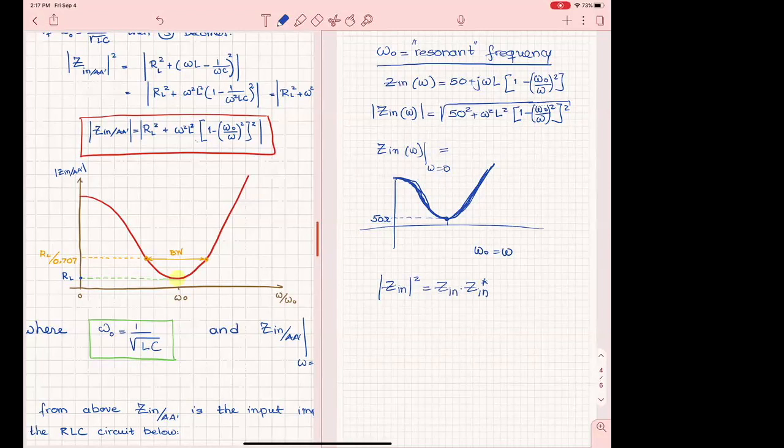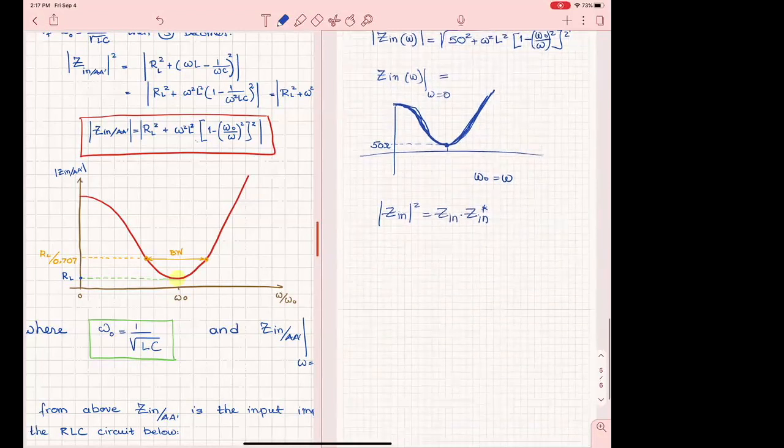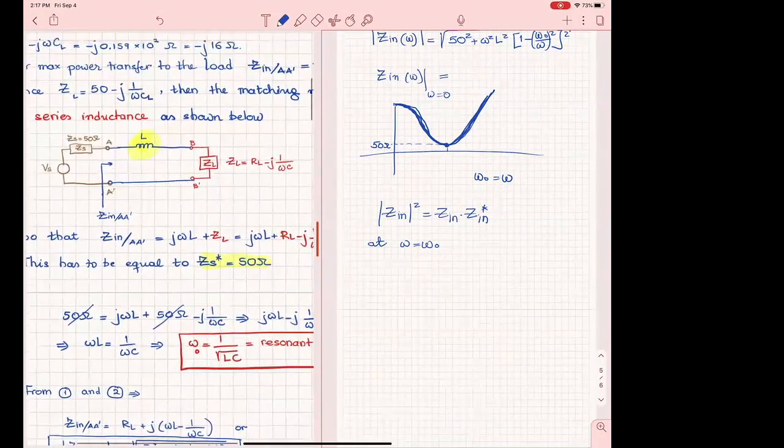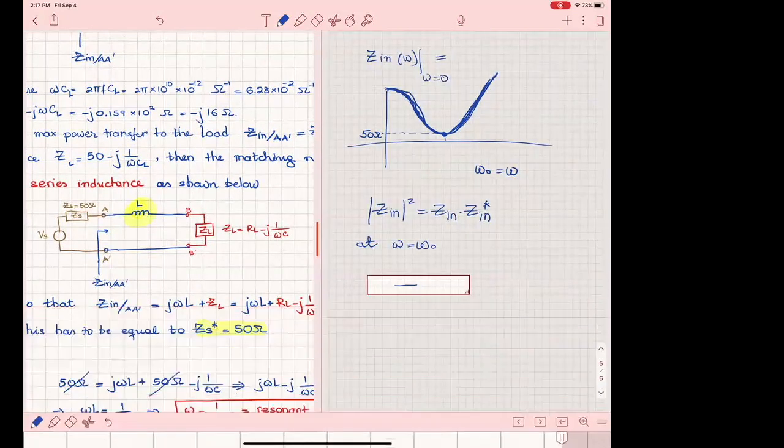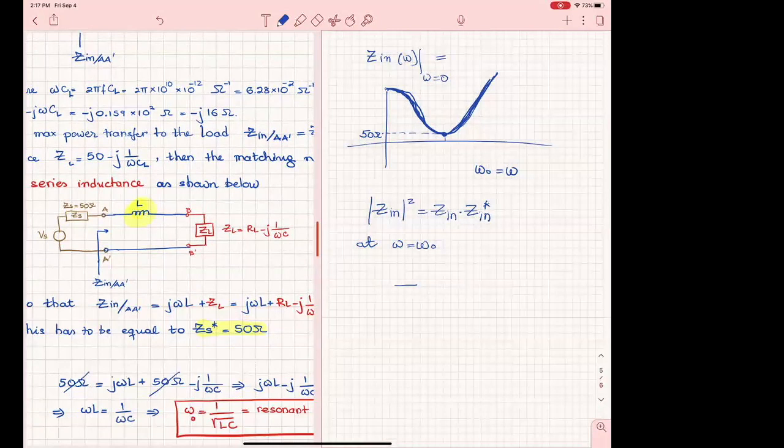Okay. So right at that point, at that frequency where omega is omega naught, what we find is that our circuit, which is up here, practically looks like this one. I will just lay it out horizontally.